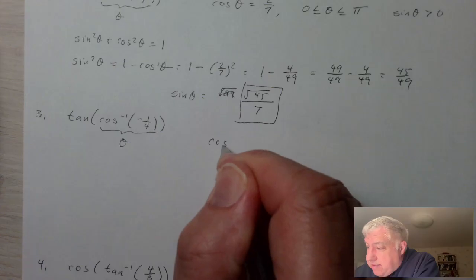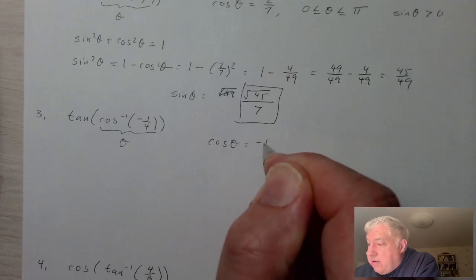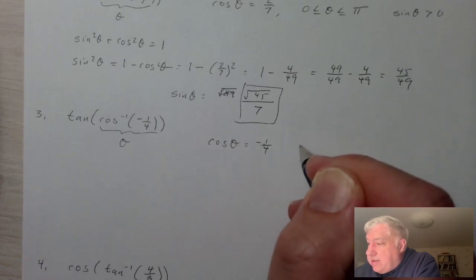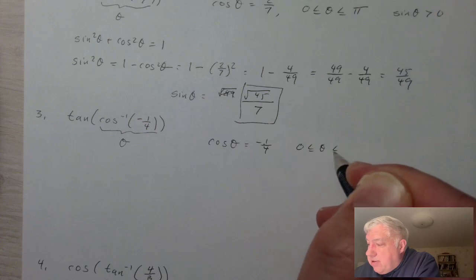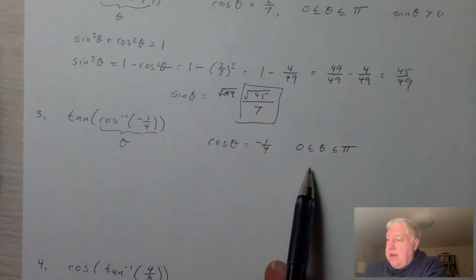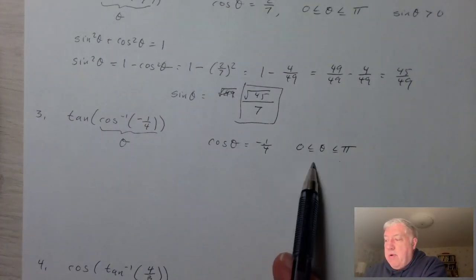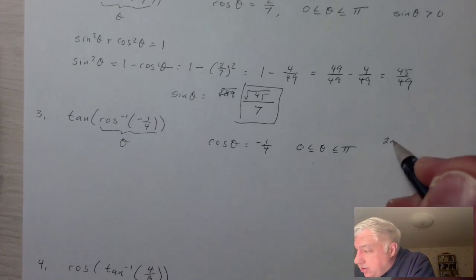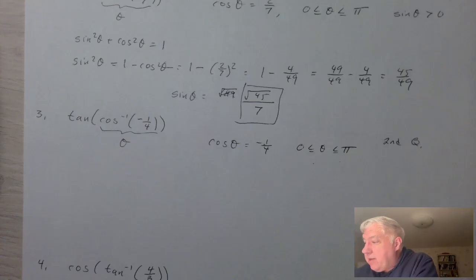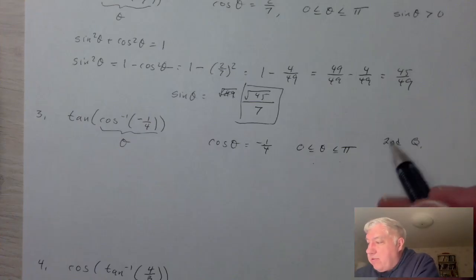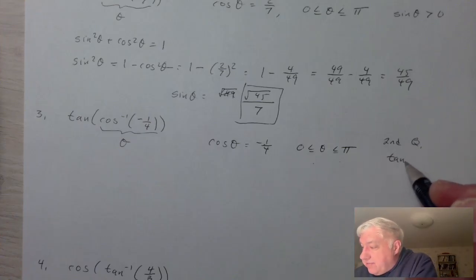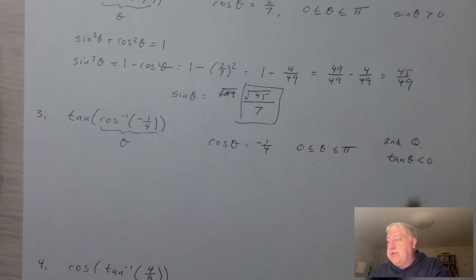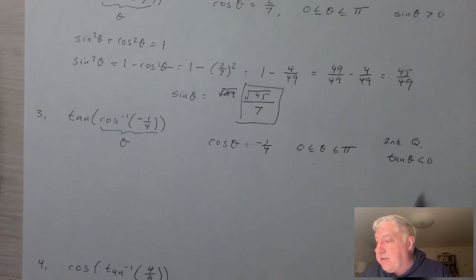So the cosine of theta is negative 1/4, and theta is still between 0 and pi. And in the first or second quadrant, the cosine is negative, so we're in the second quadrant. In that second quadrant, we know the tangent is negative, and so is the sine, of course. Or actually, I'm sorry, the sine is positive, but the tangent's negative.